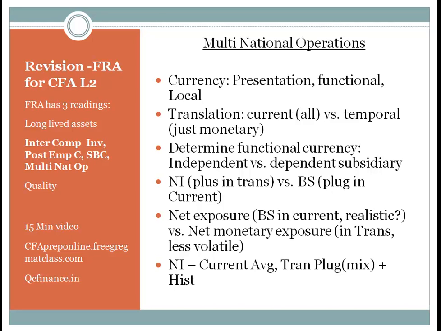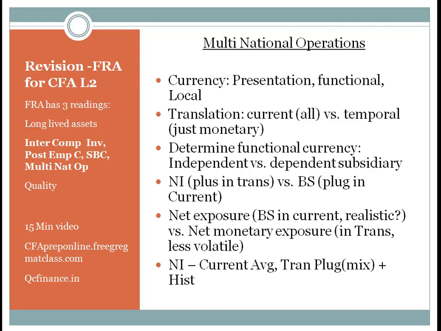So for the net exposure, the total exposure, we use everything at current, so that's a more realistic net exposure, whereas we use the net monetary in the temporal method, so that's less volatile. The net income in the current method we use at average, whereas in the temporal method we use the plug here, and the plug values come partially from historical things.